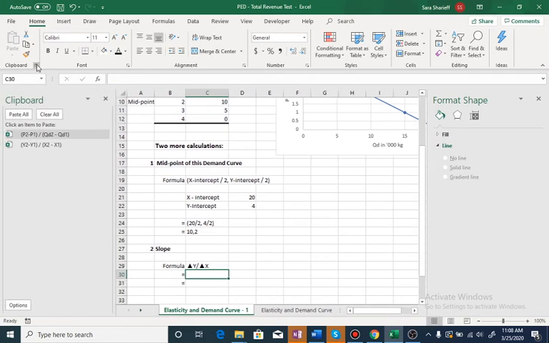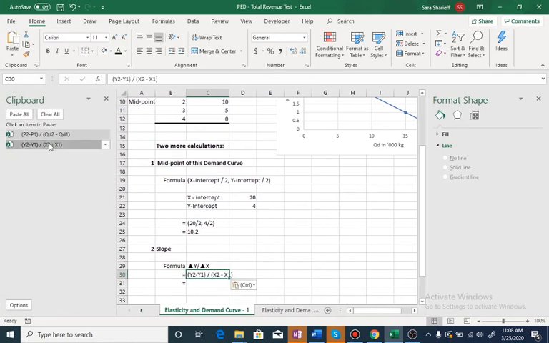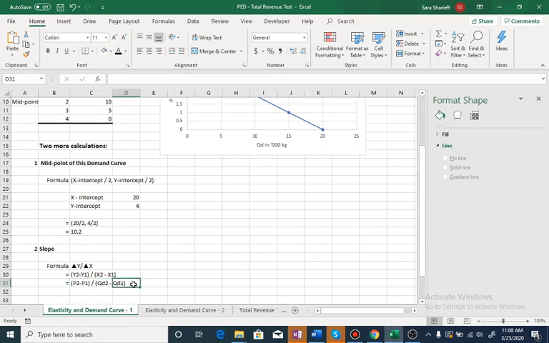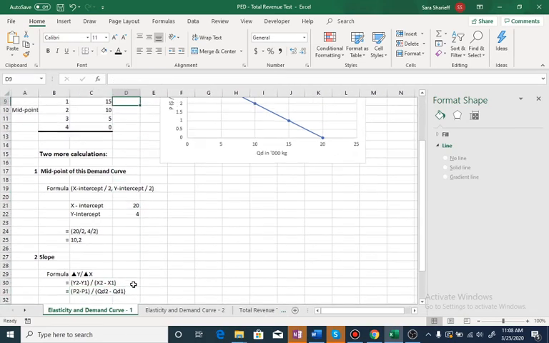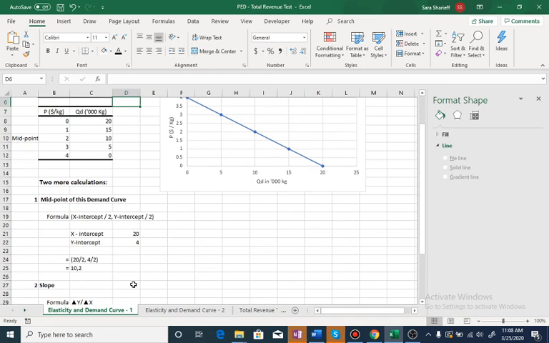Let's expand this formula. This is y2 minus y1 divided by x2 minus x1. In case of demand curve, this is basically P2 minus P1 divided by Q2 minus Q1. Let's say we are moving from a price of 0 to a price of 1.